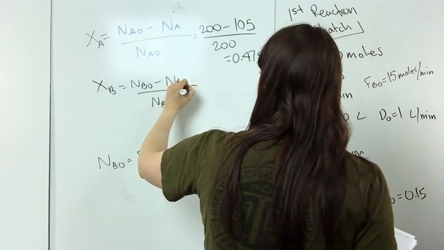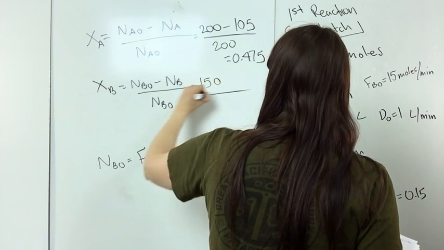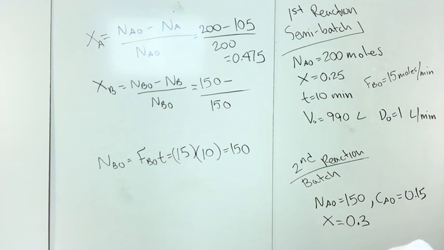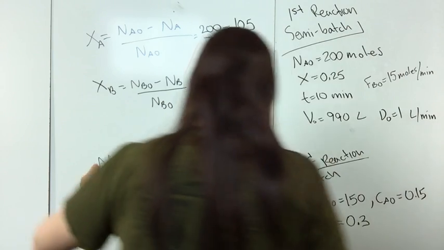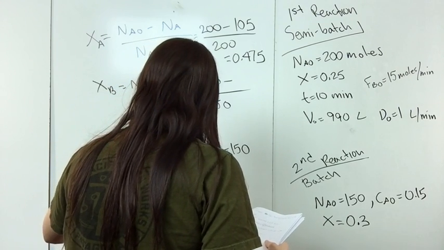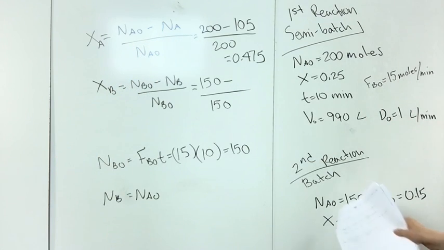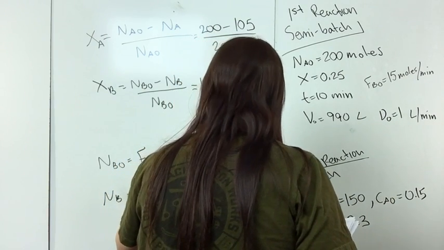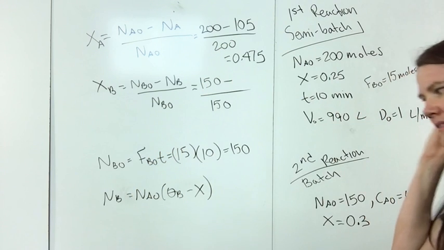So then we have that we started with 150, and then we want to calculate how much B we had left at the end of the second reaction. To get Nb, we can use this equation. We know that Nb is equal to Na naught, and this is B in the second reactor, so Nb is equal to Na naught multiplied by theta b minus x.